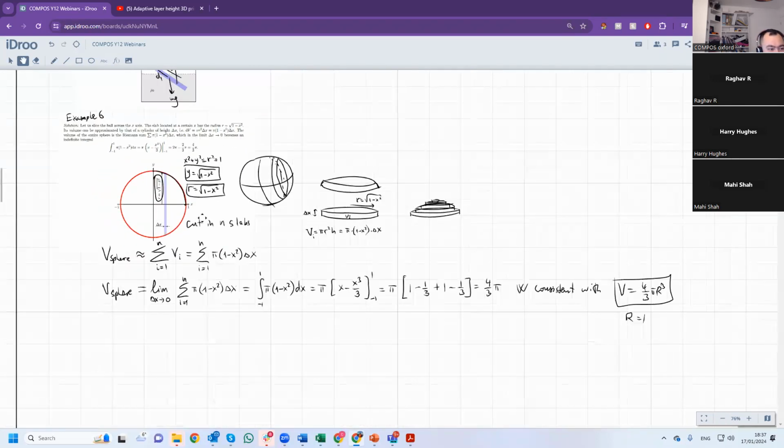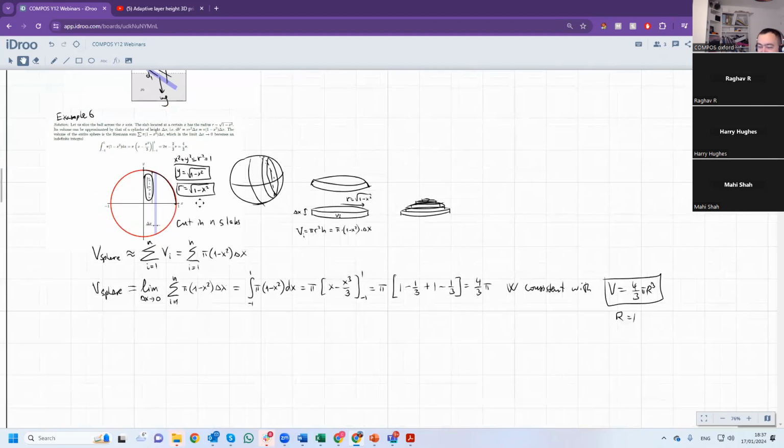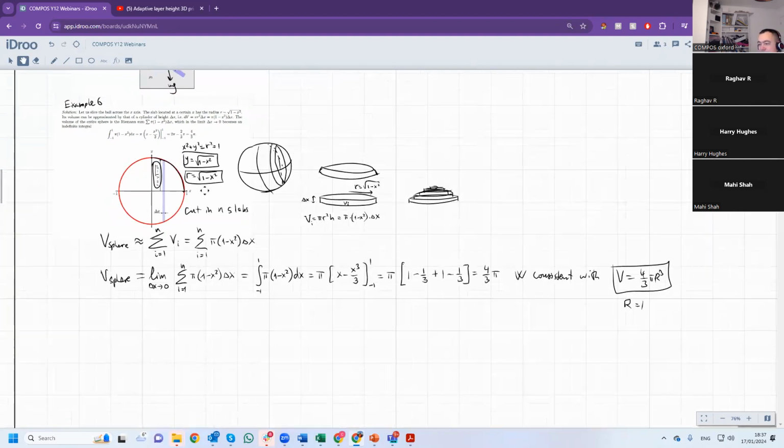Yeah, does that help? Did that help anyone else? Apart from Raghav? No, you don't necessarily need to explain the conjecture.